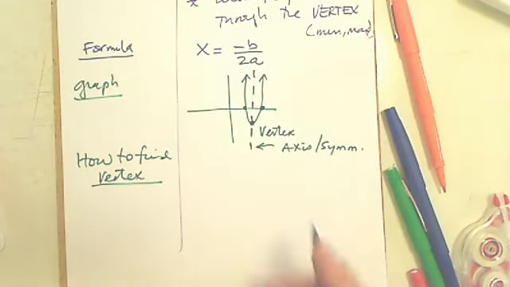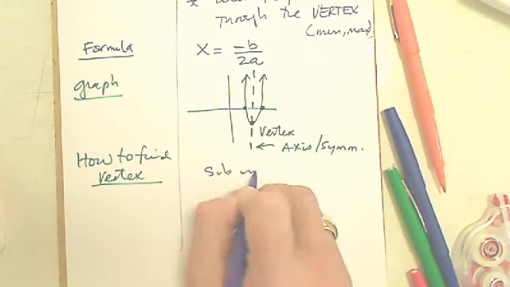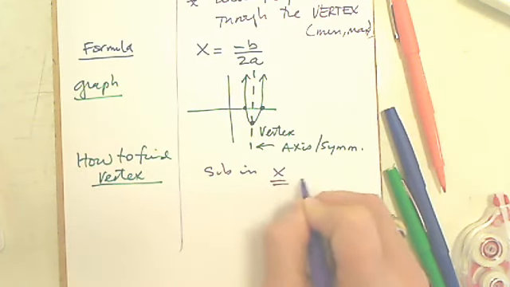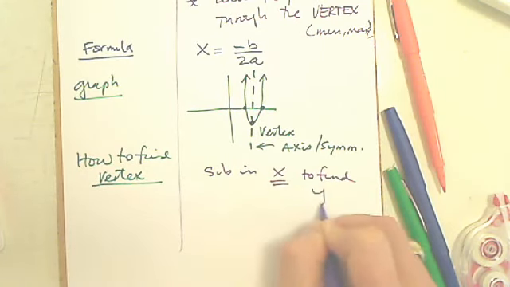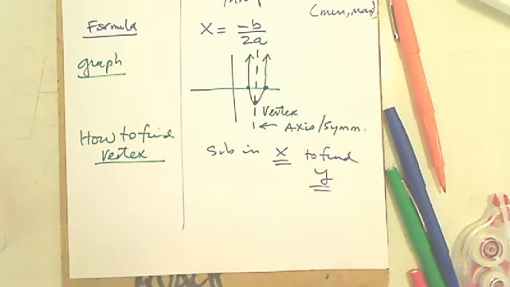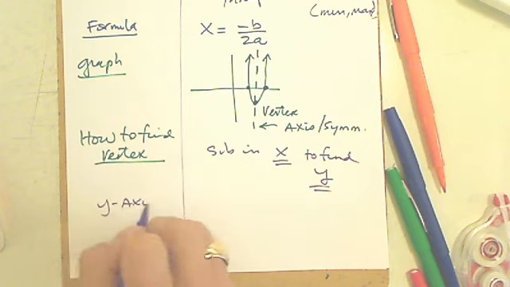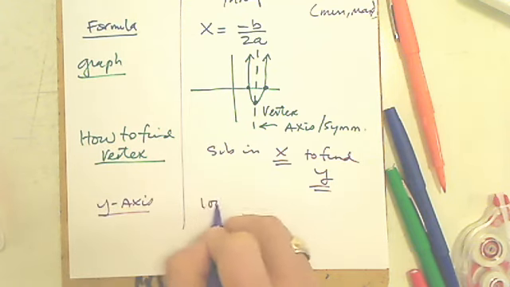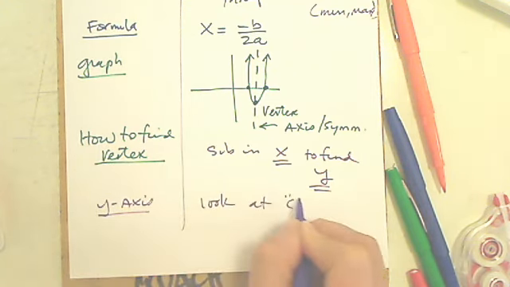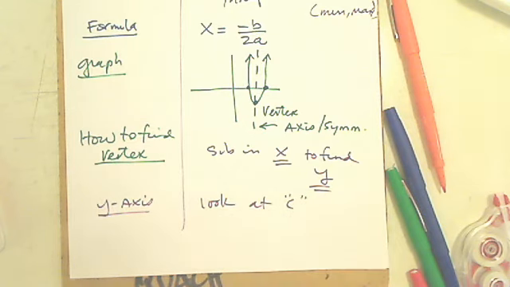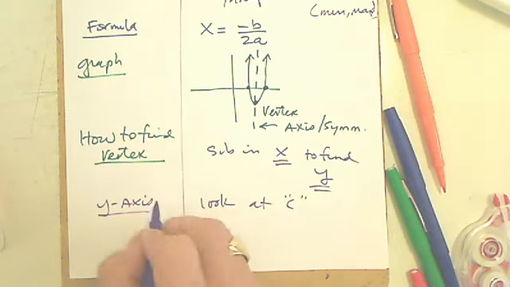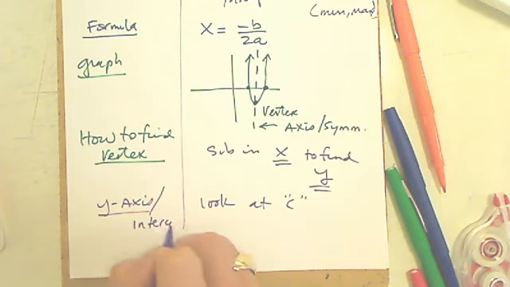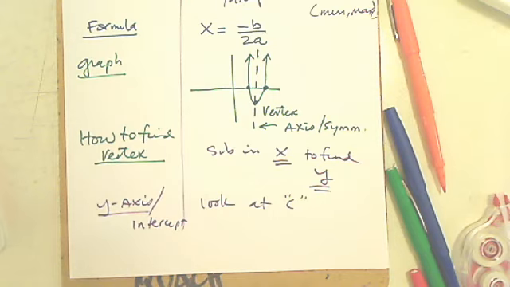You substitute in X to find Y. And then once you find Y, guess what? To find the y-intercept, you look at the C. Let's do a problem.